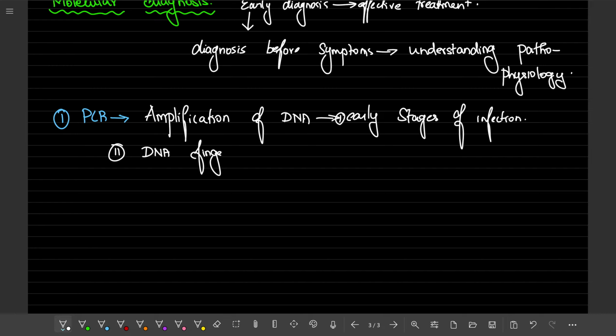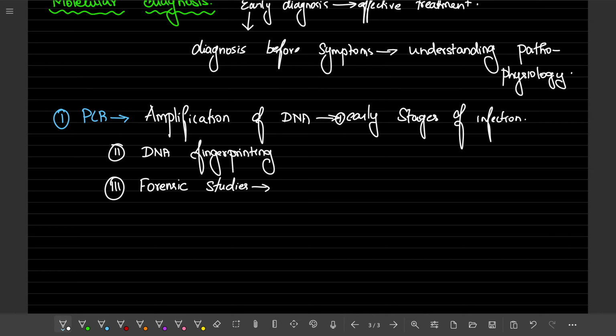We discussed some when we talked about it in the previous lesson. DNA fingerprinting, especially in cases of what? Forensic criminology, forensic studies. What is forensic?